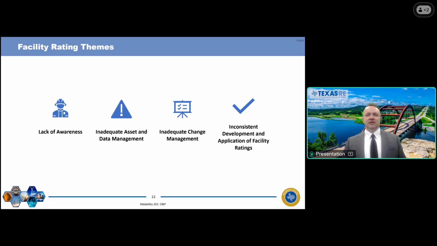And then inconsistent development and application of facility ratings. So this goes to your methodology. There are a few options to use within your methodology. For example, best engineering judgment on the development of those facility ratings.